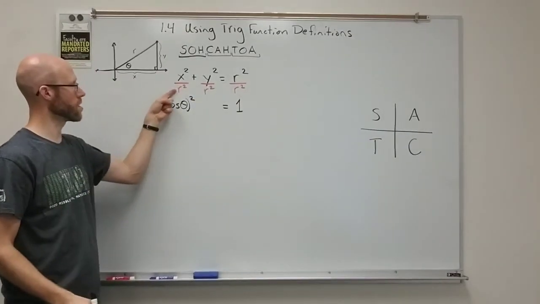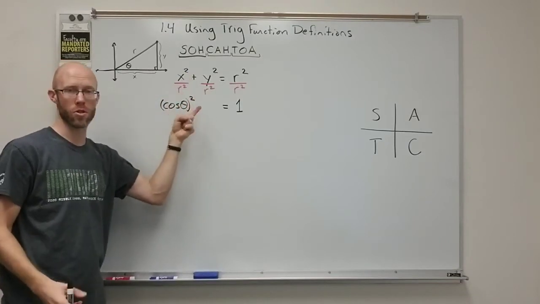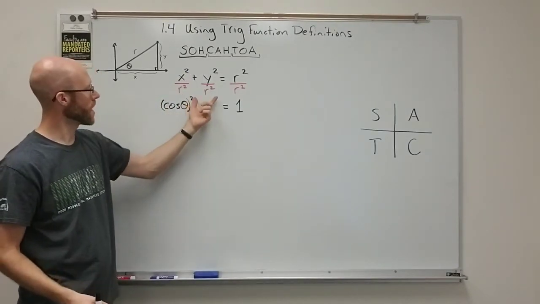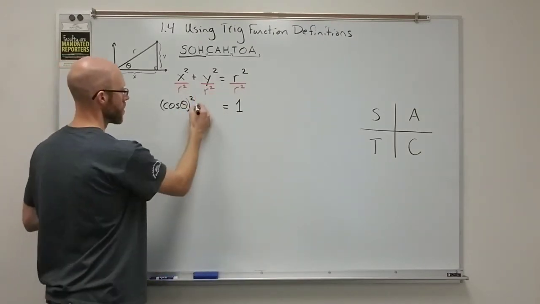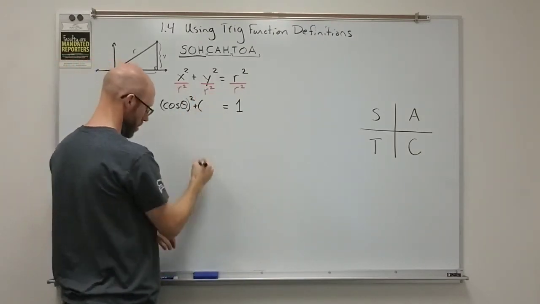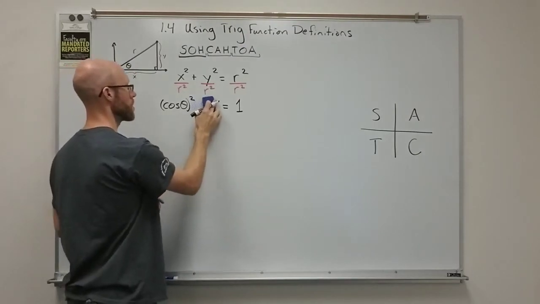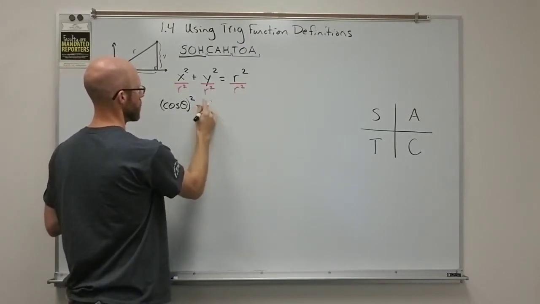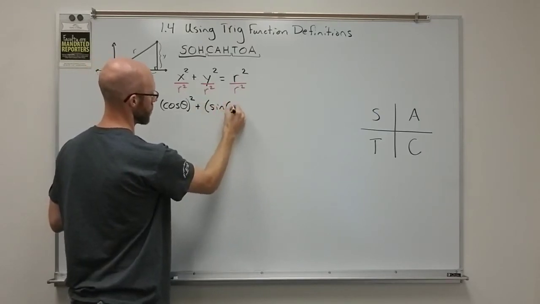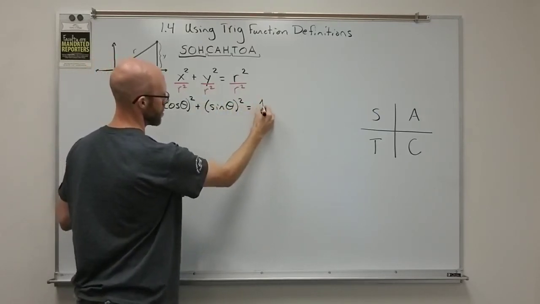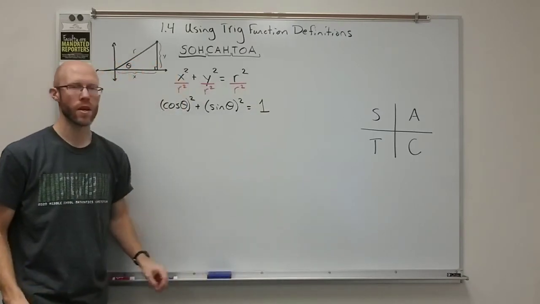Because x over r is cosine, so if you square both of them, you're squaring the cosine. And the y squared over r squared is the sine squared. I'm running out of space, so let me rewrite that a little bit. It's going to be plus the sine of theta squared equals 1.